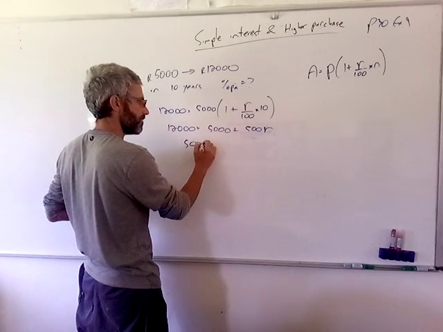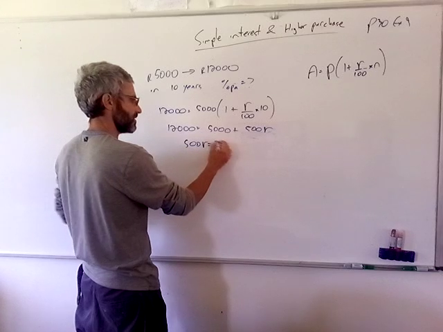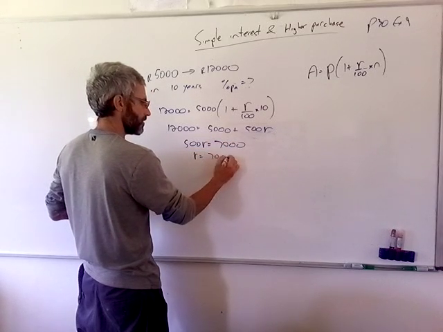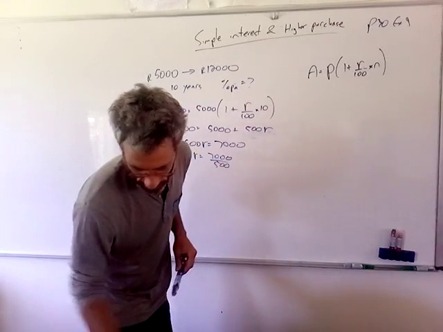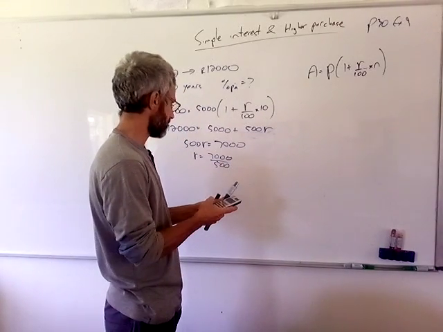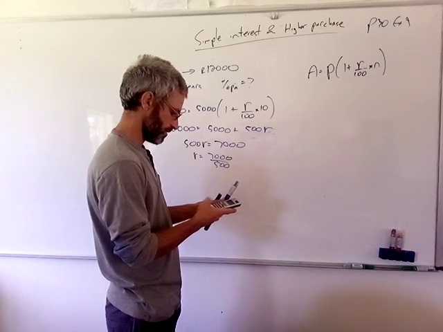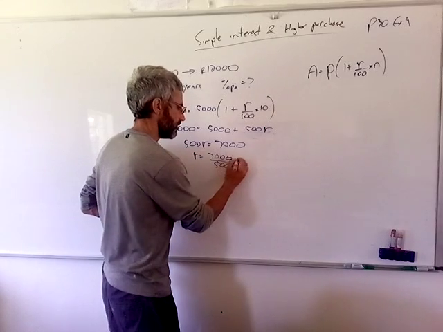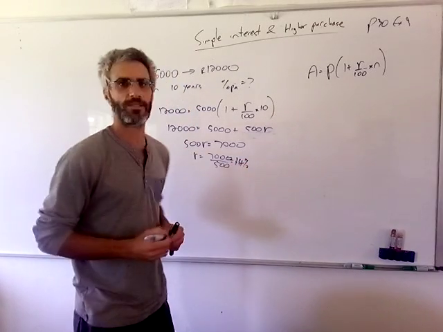So 500R equals 12,000 minus 5,000, which is 7,000. R equals 7,000 divided by 500. Put that in the calculator. Hopefully I didn't make a mistake. And I got 14%. 14%. So it's pretty easy, isn't it?